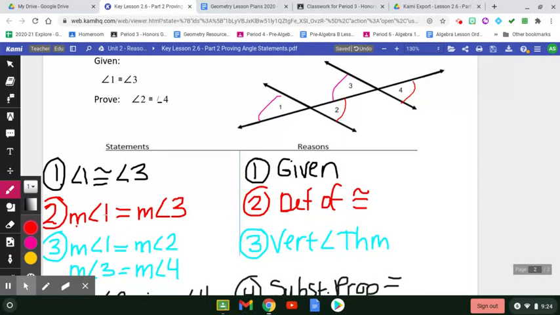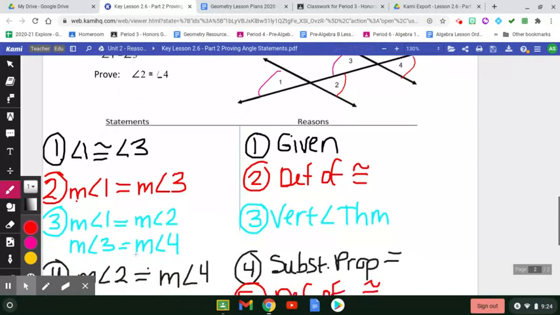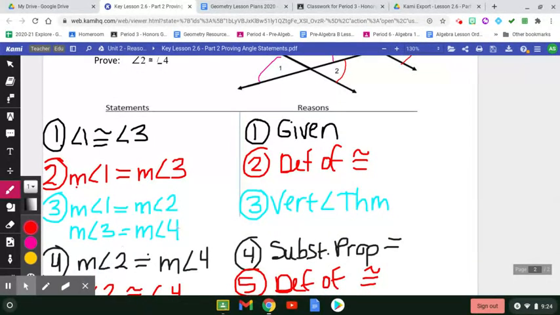I want to look at steps 2 and 3 to see if there's anything I can swap out to get to what I want. And I can see it right now. I'm going to say that the measurement of angle 2 is equal to the measurement of angle 4. Here's how I can go about doing that.